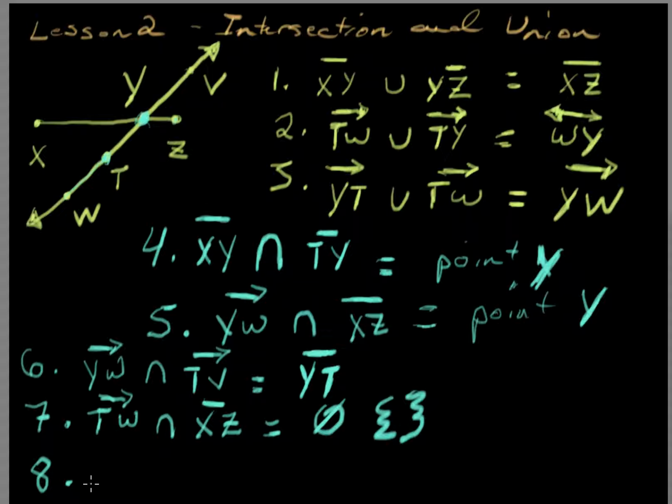There's just nothing there. For the last example, we've got XY, line segment, is a subset of XZ, line segment.